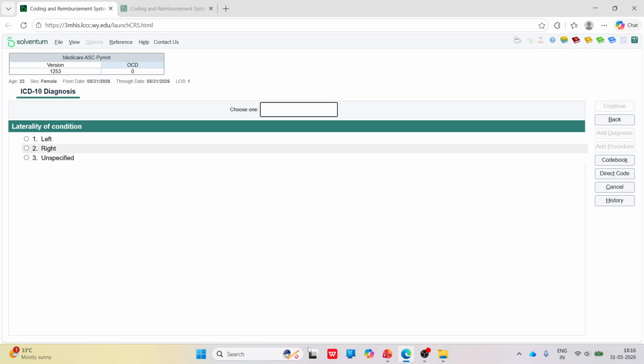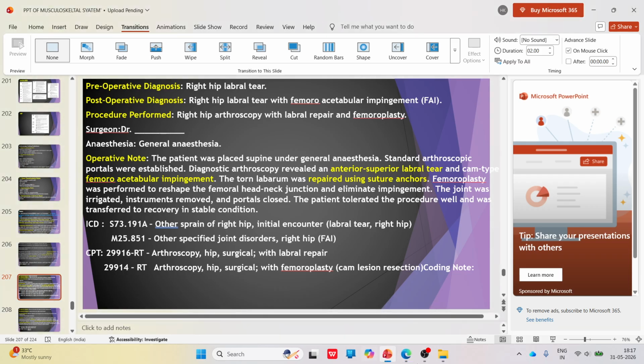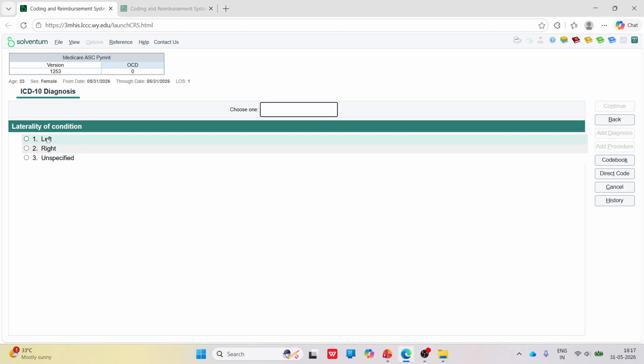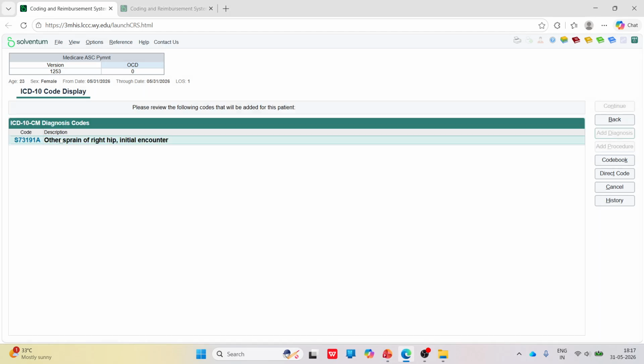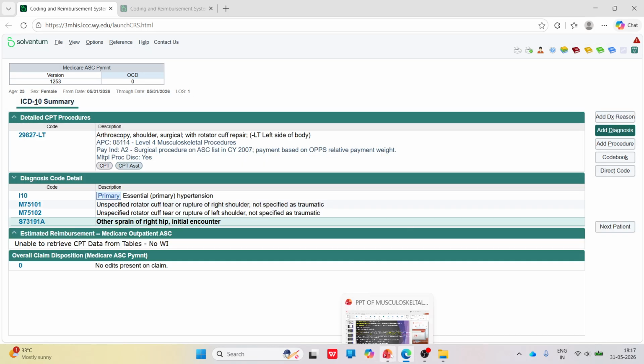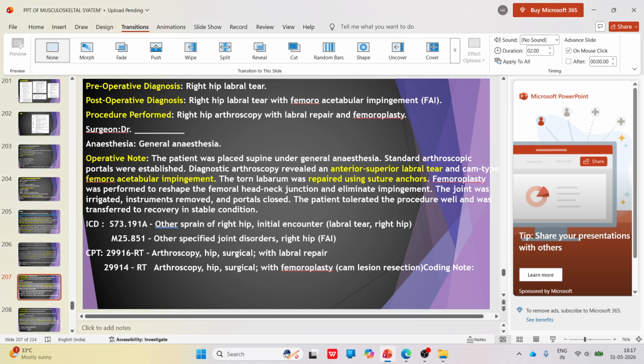Other specified, and what is the side? It is the right side. So this one is S73.191, which is the code for the right hip labral tear.